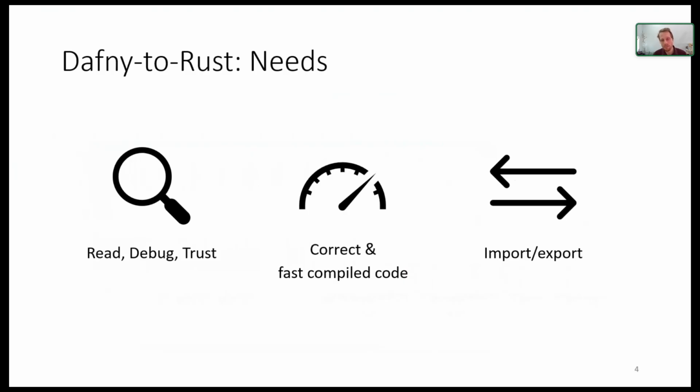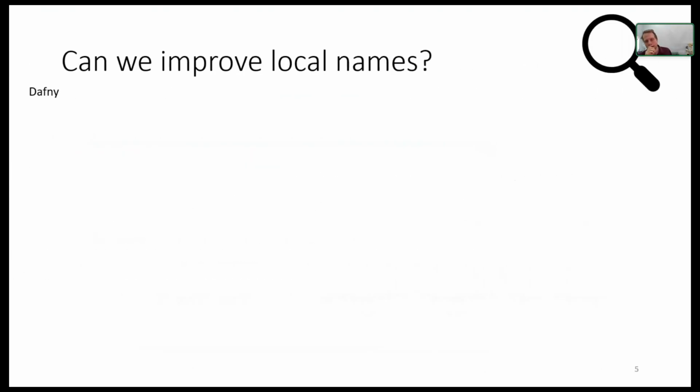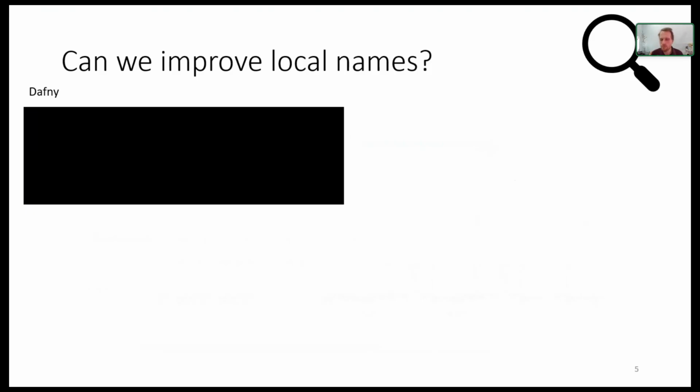What we wanted was based on what we gathered from our users. So let me first show you a few challenges we faced. Can we improve local names? For example, let's say we have a Dafny program with 11 holidays. We have days off, which is the same number as holidays.